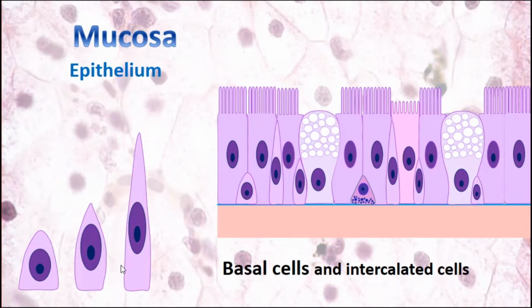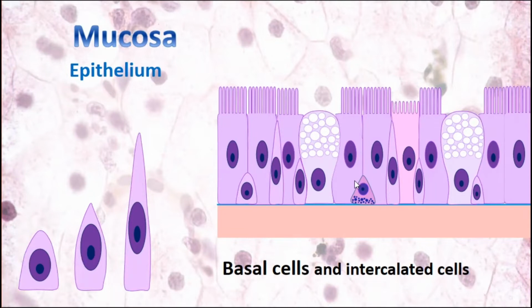They are young cells which provide regeneration. Basal cells are like stem cells, some kind of stem cells, and they grow and become intercalated cells, which may become any of the superficial cells: ciliated, goblet, or brush cells.